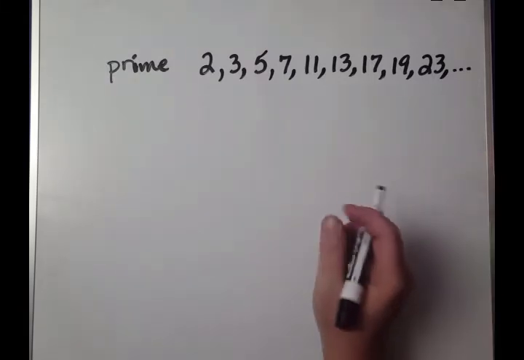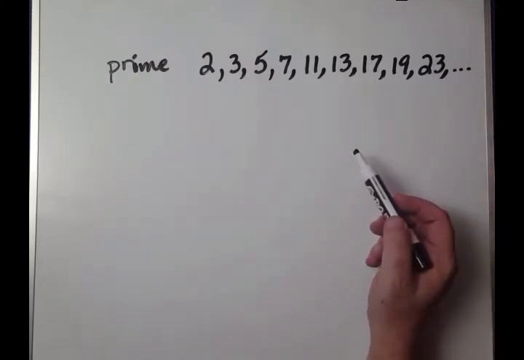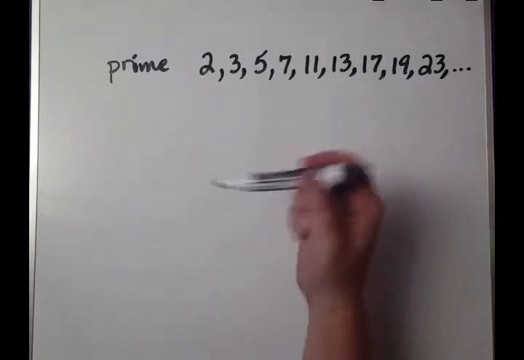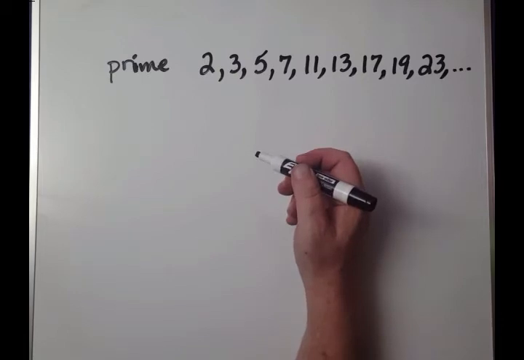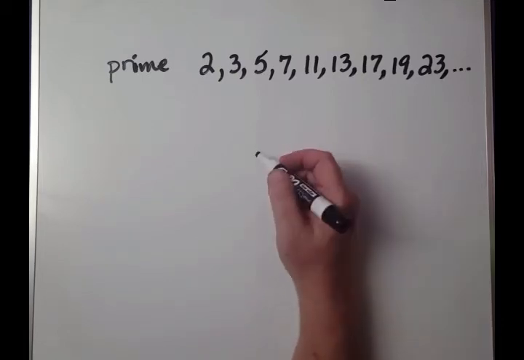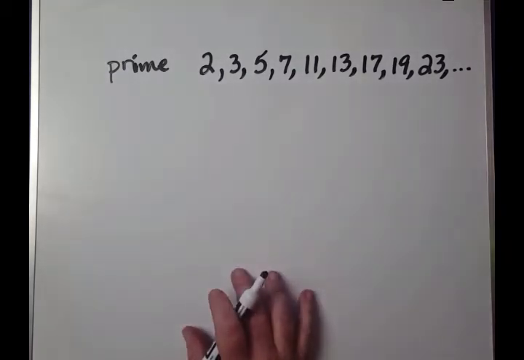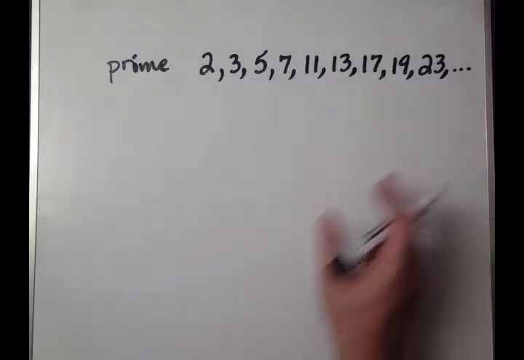And you should know the first dozen or so prime numbers. It turns out that there's no pattern to prime numbers that mathematicians have discovered at this point. There's still ongoing research into a very ancient idea in mathematics. So we memorize.